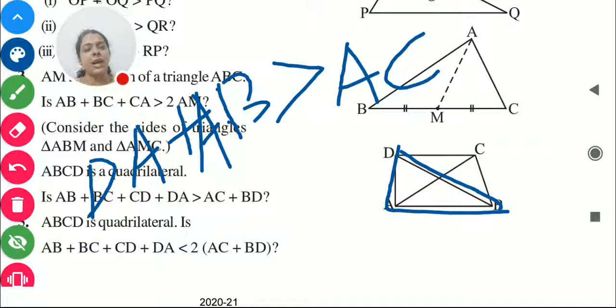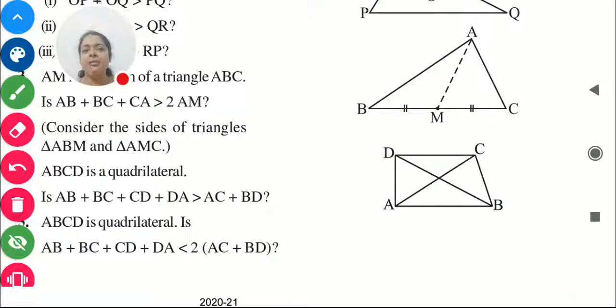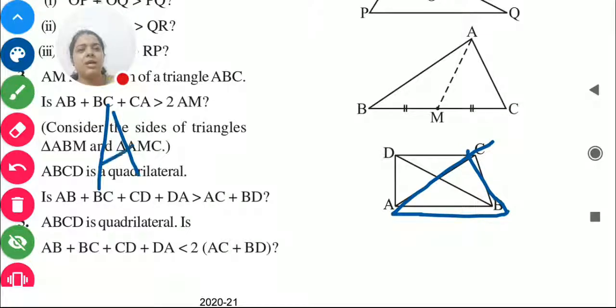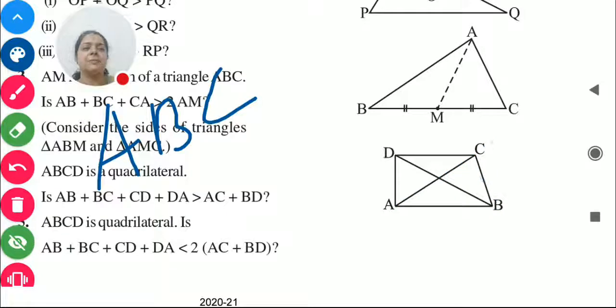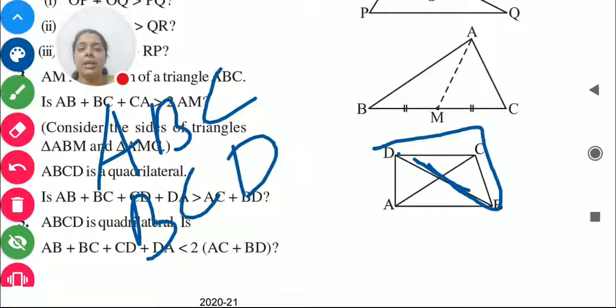So how many triangles have we taken here? We found that there are a total of 4 triangles here. I'm just giving you a hint: take it as 4 triangles. One triangle is ABC. The second triangle you have to take is BCD, and accordingly you have to make the formula.